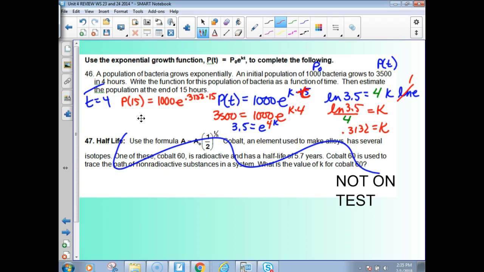That's the new calculation you need to make. Caught myself there. All right, so we got a lot of bacteria: 109,727 bacteria.